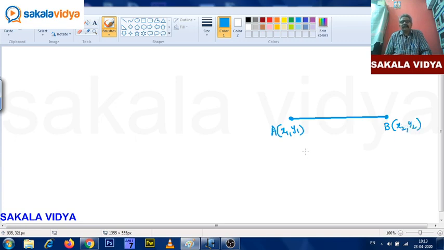For example, A and B are fixed points, they are not moving. A and B are fixed points, they are not moving.